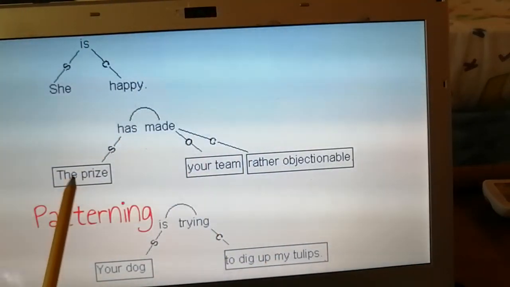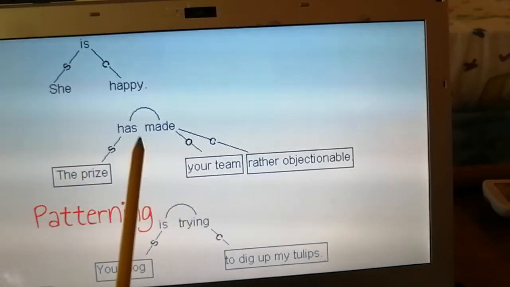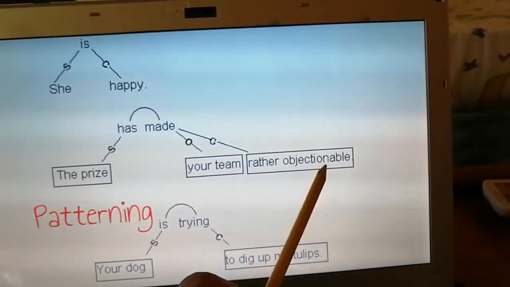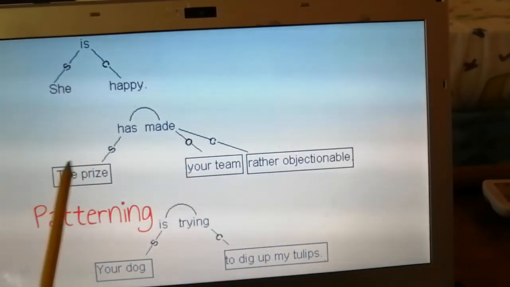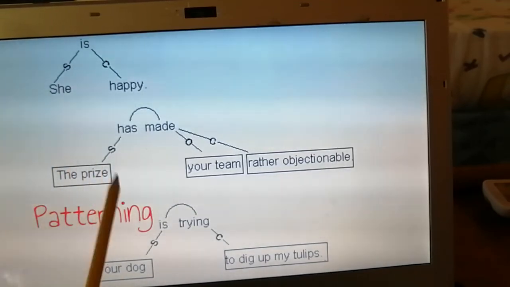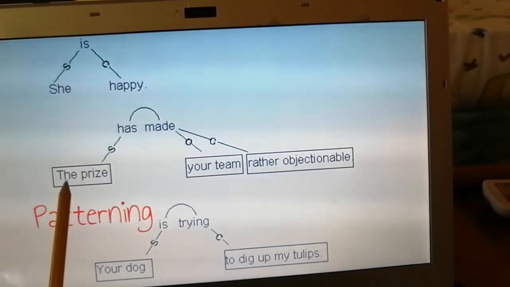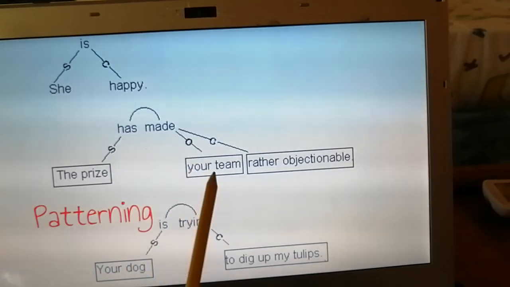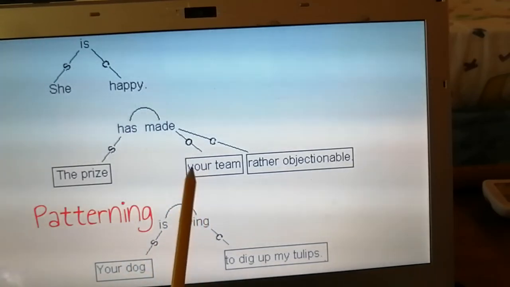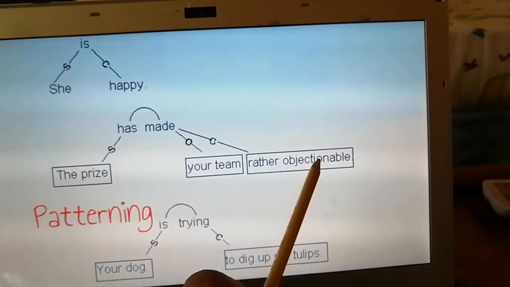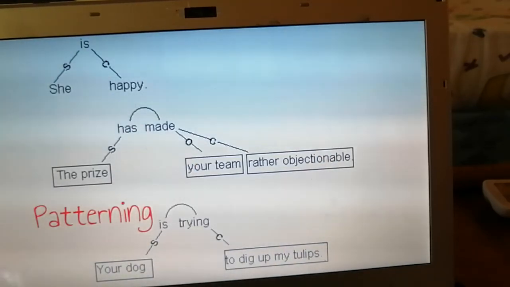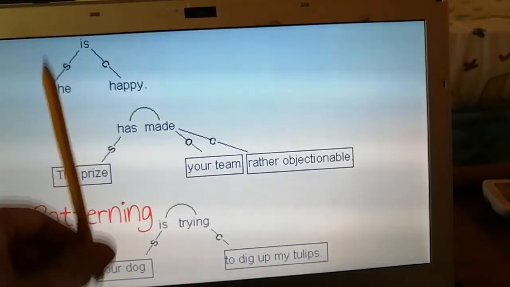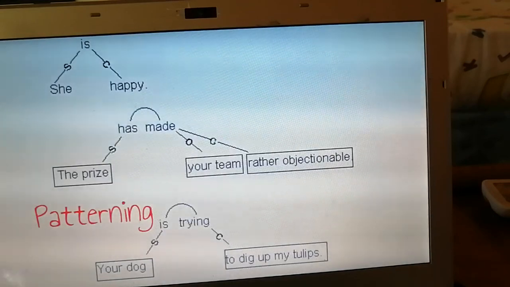Okay? If I say the prize has made your team rather objectionable, instead I can say, for example, the winner has cooked for your friends some sausages, something like that. And I can still replace the words.